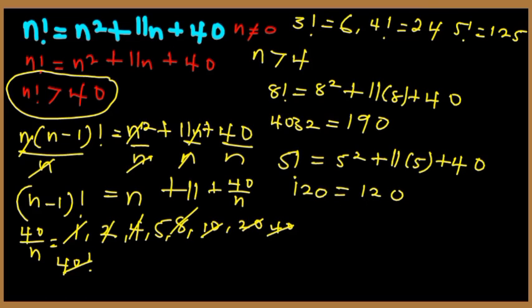So now we've got the left hand side to be 120 and the right hand side to be 120, which is true. So 120 is equal to 120. So that means that our possible solution for n is 5. So n is 5. So this statement is true that n should be greater than 4. So our n is 5.